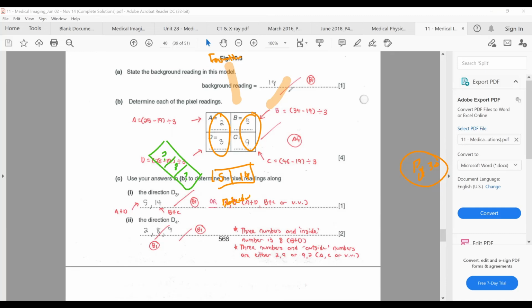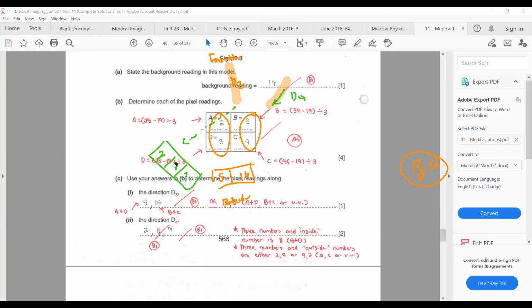Okay. How about in direction D4? This one was D3. If you're talking about direction D4, which is this one, what will be the detector reading here? If you look at this one here, this one would be 2.